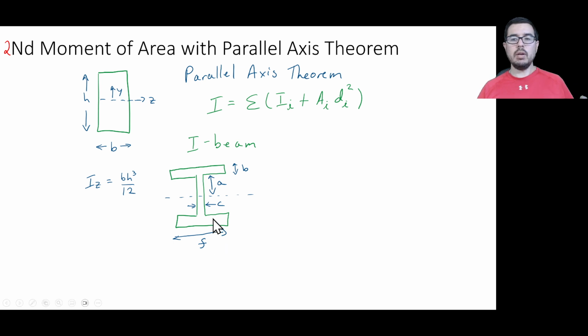Well, where are the rectangles? If I can calculate the I's, and I know their distances from the axis that we're interested in using for a reference, then we can come up with the overall second moment of area without doing another complicated integral, right?